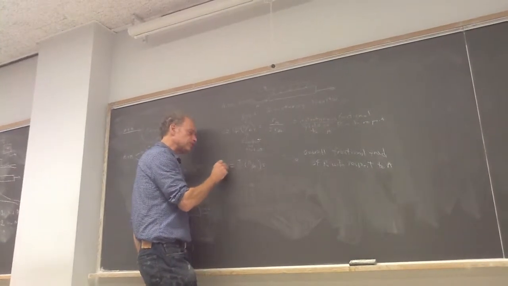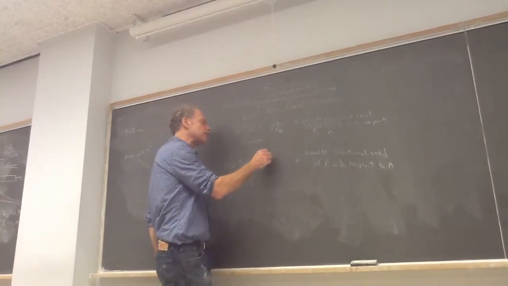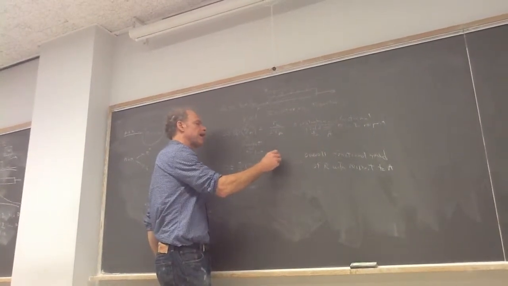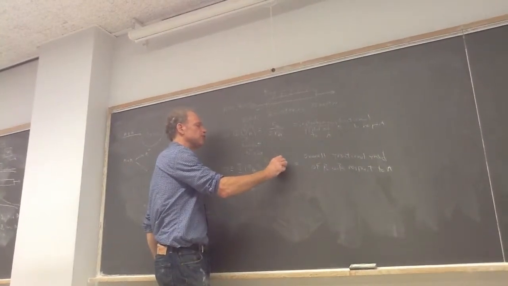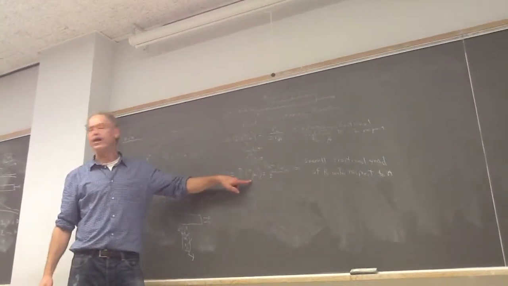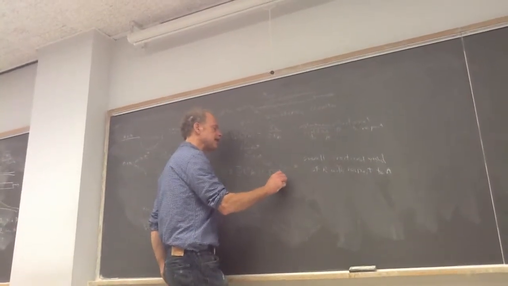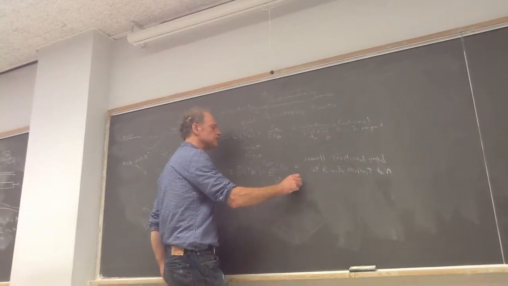This I also want to be non-negative, and this is equal to the outlet concentration of R minus the inlet concentration of R, divided by the plus or minus, again, depending on whether A is a reactant or a product, CA in minus CA out.